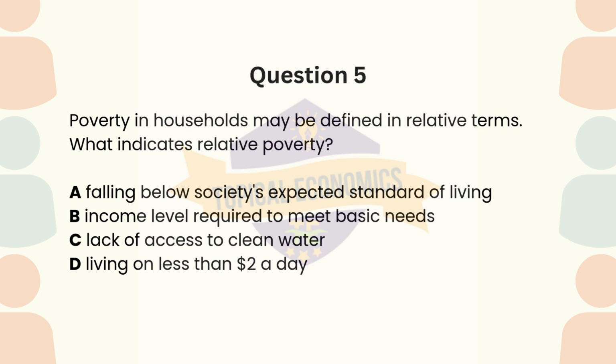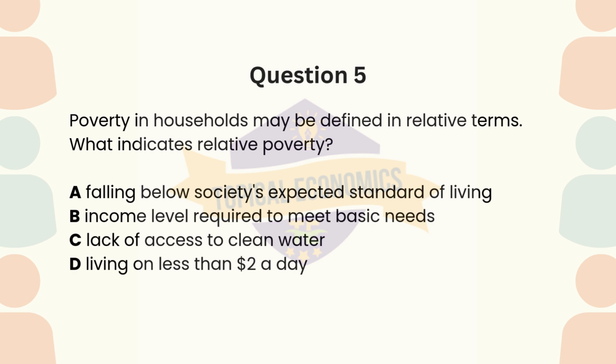Let us also evaluate the other options. Option B is income level required to meet basic needs. Now this describes absolute poverty, which focuses on the minimum income needed for survival rather than a comparative measure. So this is incorrect. Option C, lack of access to clean water. Now while serious, this is more indicative of a specific condition of poverty rather than a measure of relative poverty.